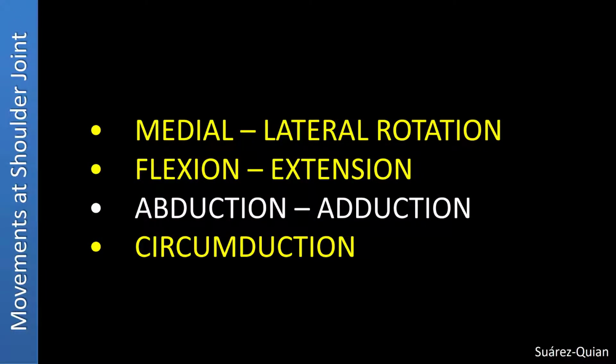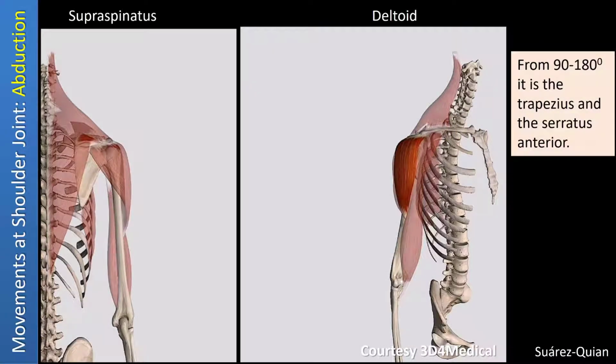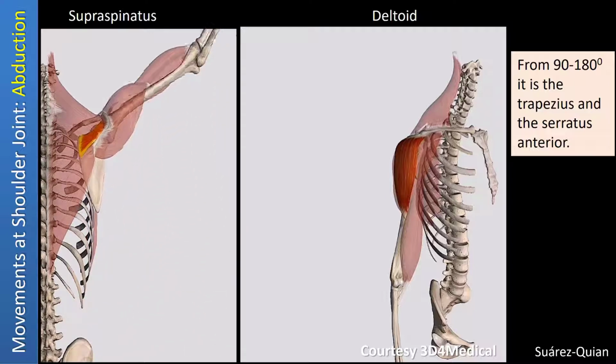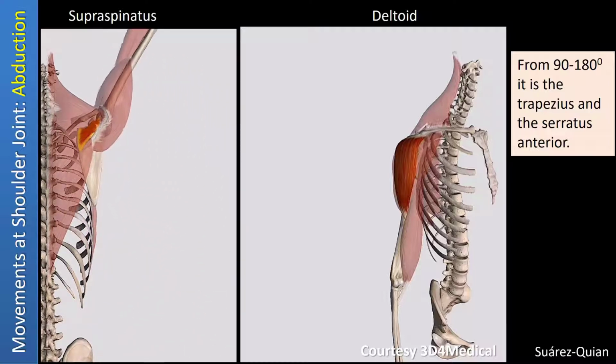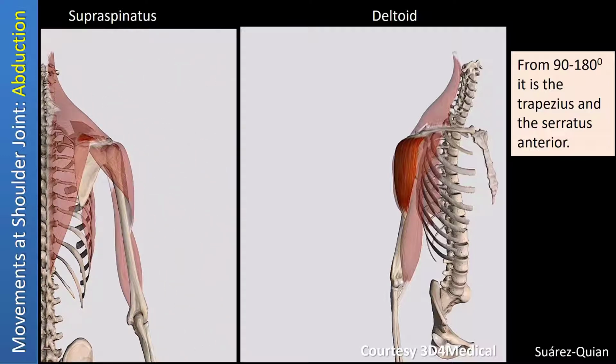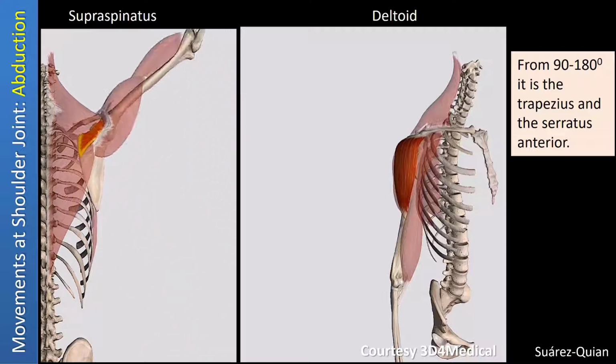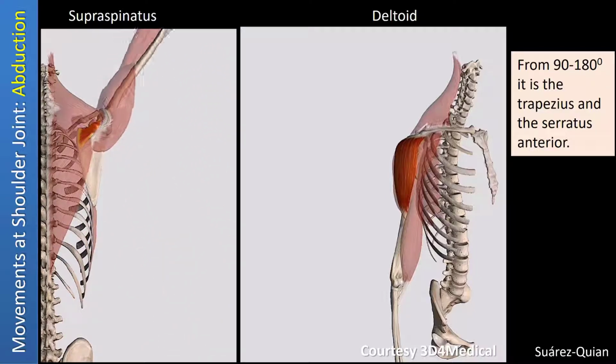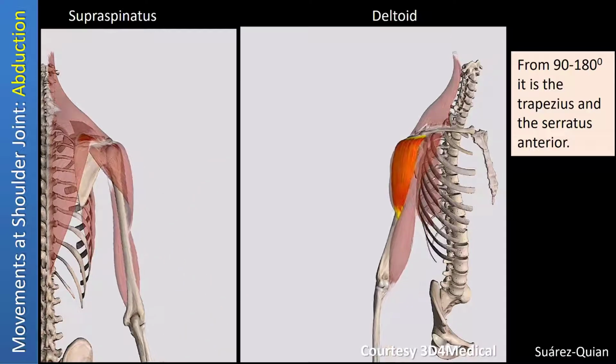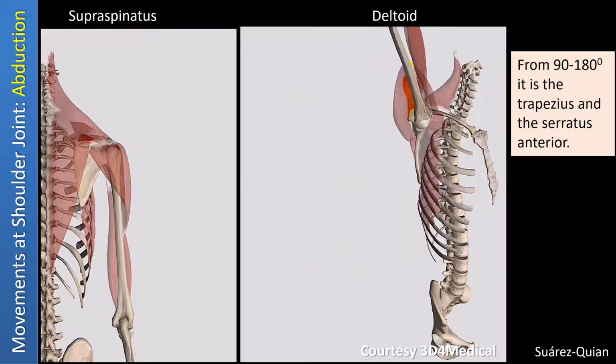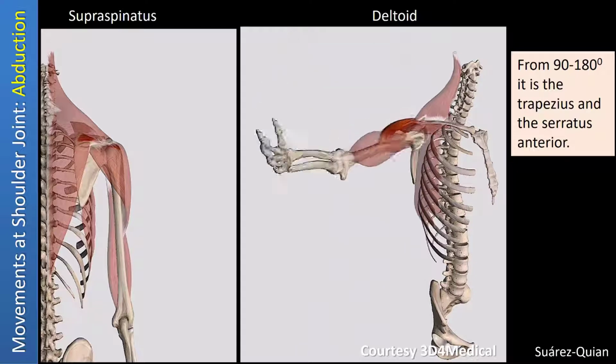The last two independent actions at the glenohumeral joint are abduction and adduction. As described previously, the supraspinatus initiates abduction up to 15 degrees, followed by the action of the intermediate deltoid up to the horizontal.